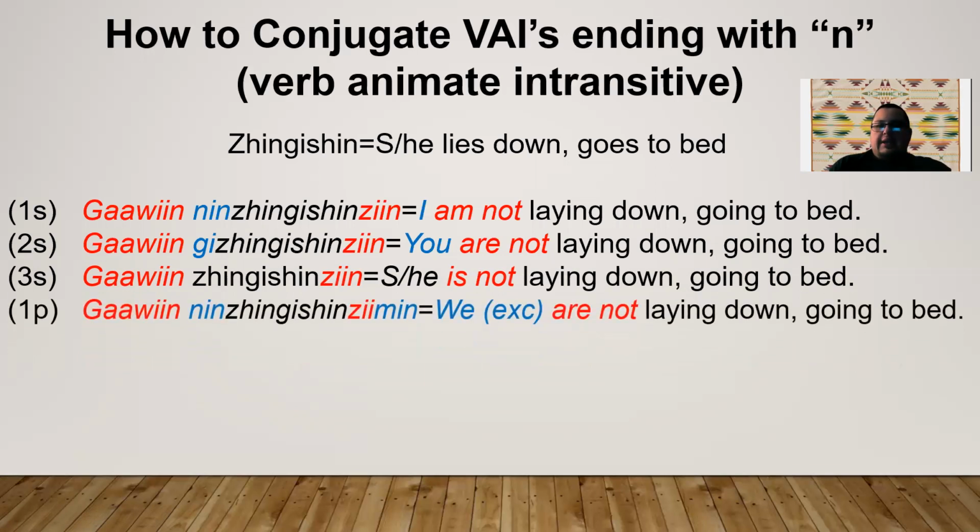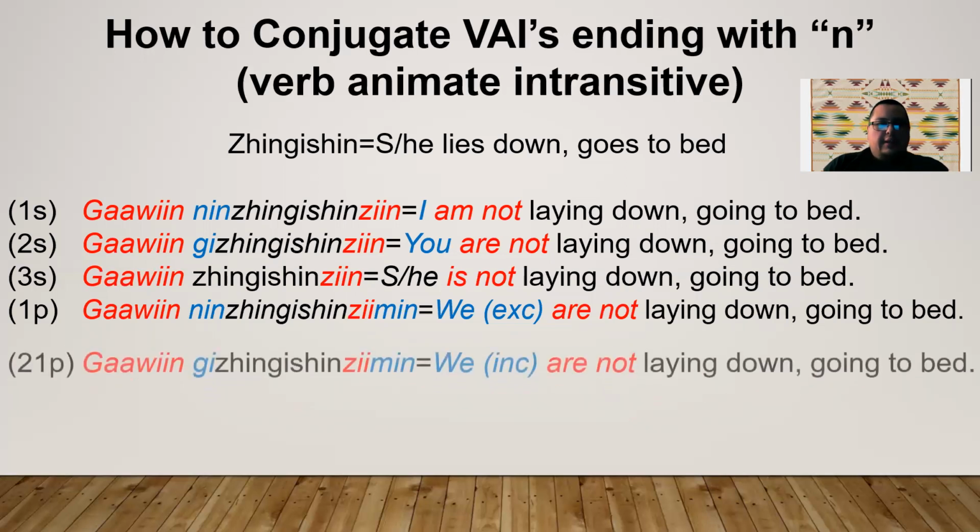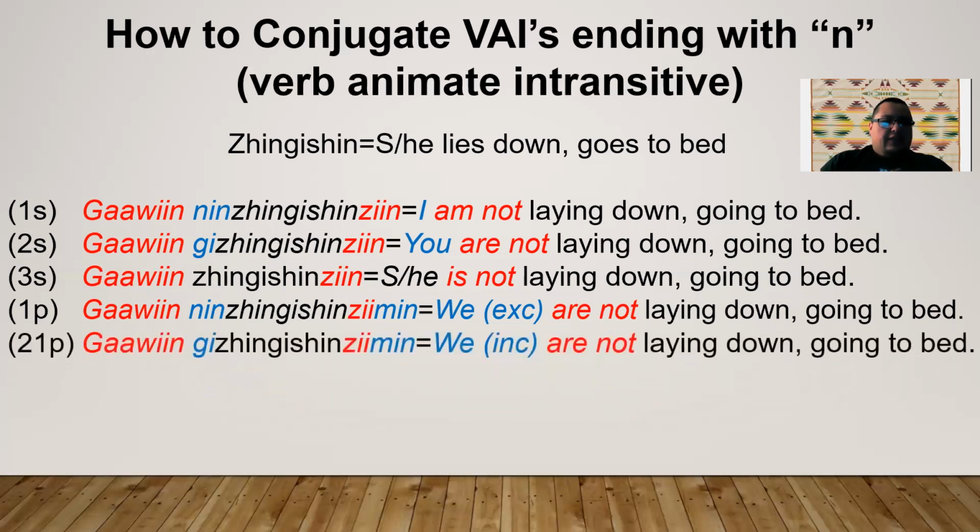First person plural, talking about us over here, not you. Gawin nin zhingishinzimin. We are not laying down or going to bed. Second and first person plural, talking about all of us included in the conversation. Gawin gizhingishinzimin.